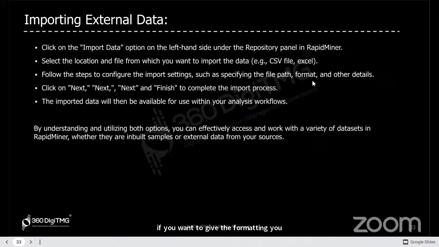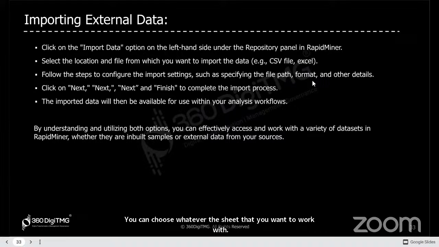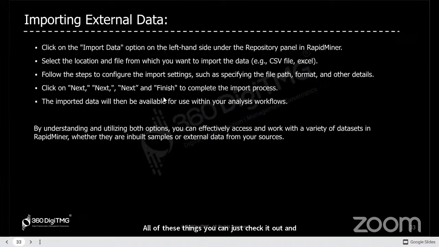If you want to change the column name, exclude columns, change the data type of a column, or remove the header row, you can. If you want to select multiple sheets present in a single workbook, you can choose whichever sheet you want to work with. You can check all of these things and just click on finish.